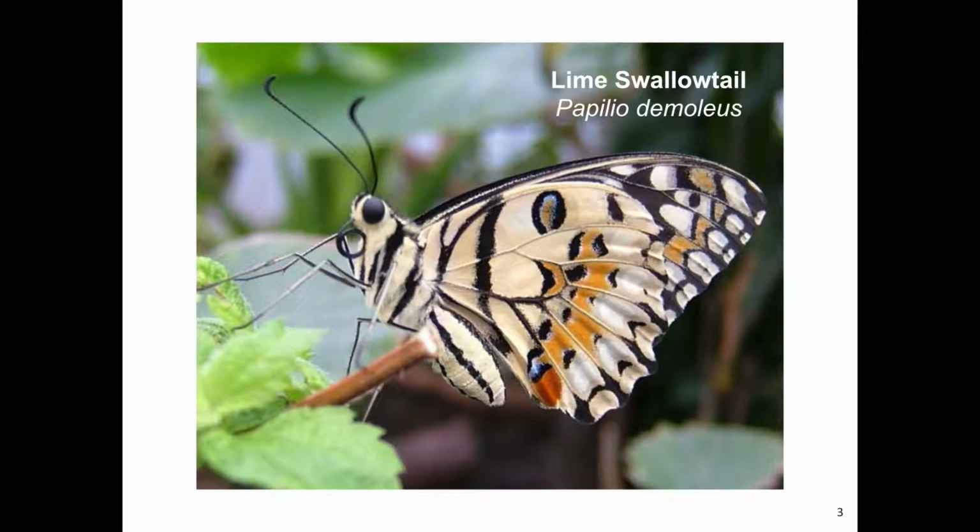You'll see an image of a butterfly, and in 2004, a group of students who were on a field trip in the Dominican Republic, an island that's found in the area called Hispaniola, swept up an unfamiliar black and white butterfly, and that butterfly that they found is called a lime swallowtail. And it was the first of its species to be found in the Dominican Republic. It's typically native to Asia, but it was the first time it was captured in the New World.